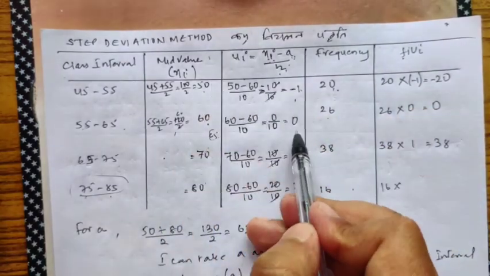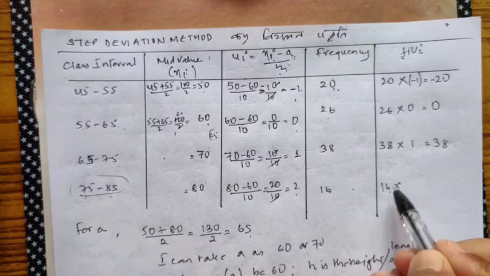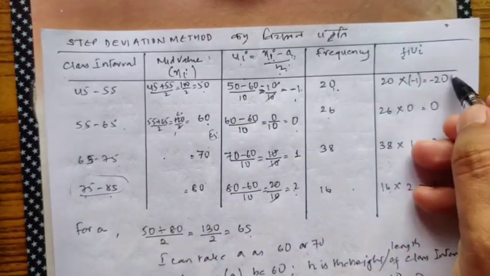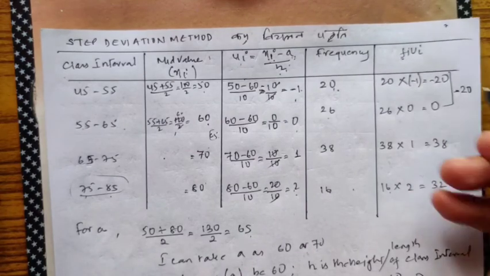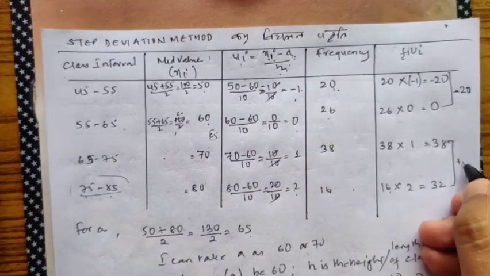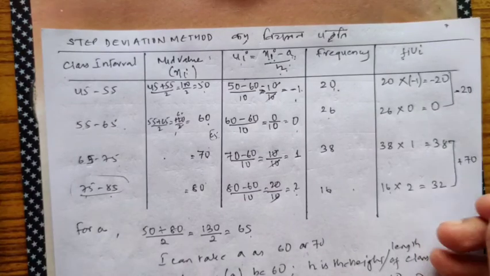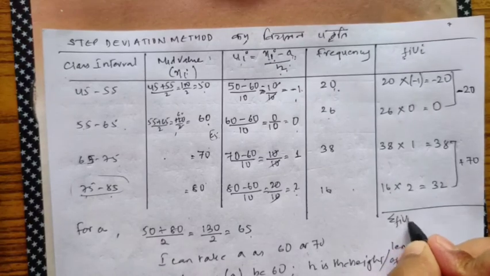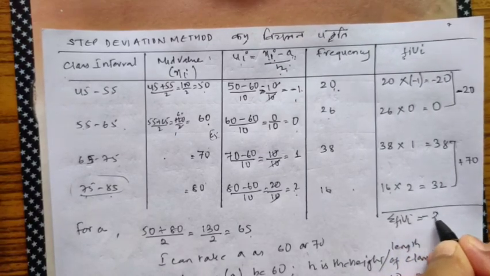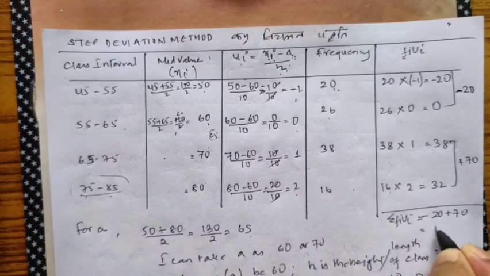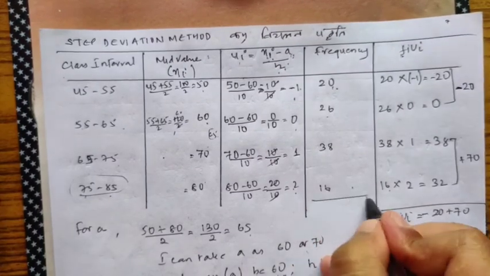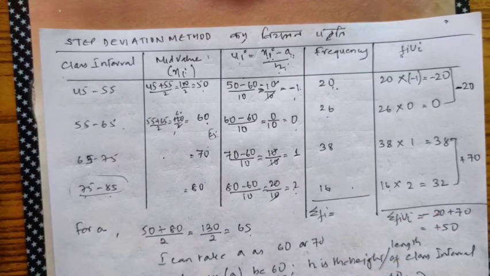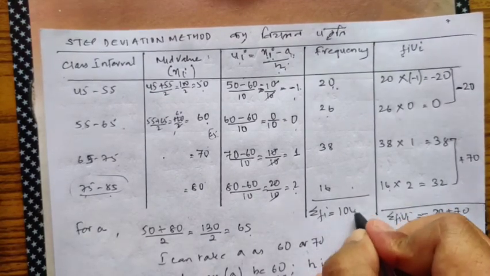So fi is 16, your ui is 2, 32. So this will give me minus 20, and this will give me plus 70. Minus 20 plus 70 is plus 50. I need summation fi. Add all these. How much do you get? 100, I believe.